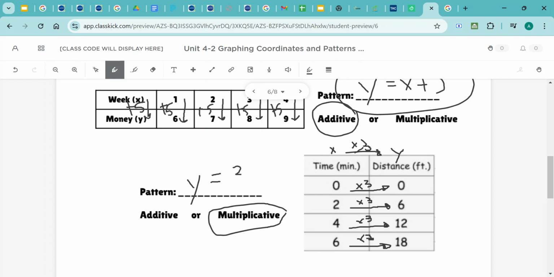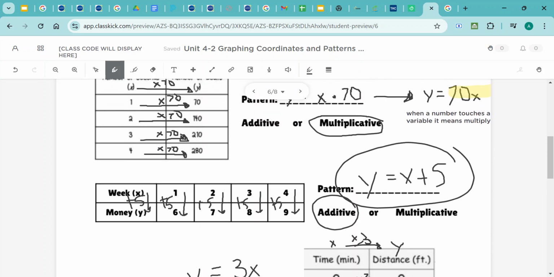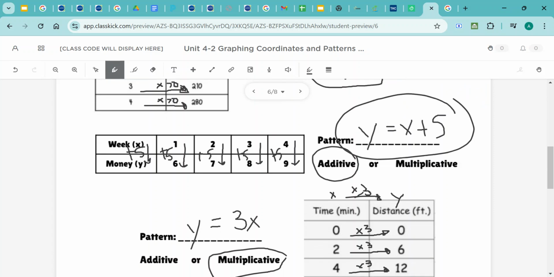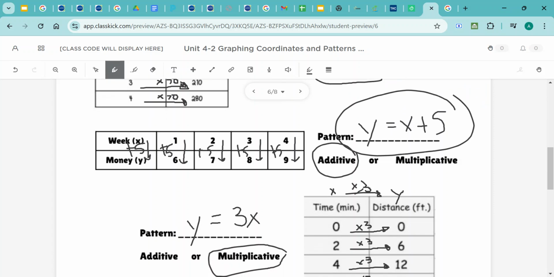Well, we have a way to write that: 3x. Remember, we made our note earlier. When a number touches a variable, it means multiply. So we have 3x here, and that just really means 3 times x. Whatever x is, it's being multiplied by 3, and it gets us our y.